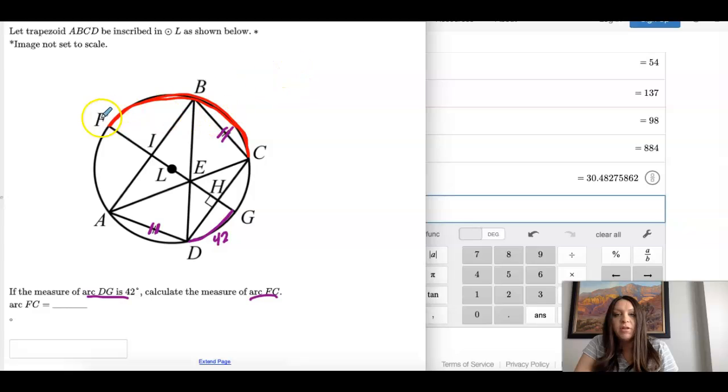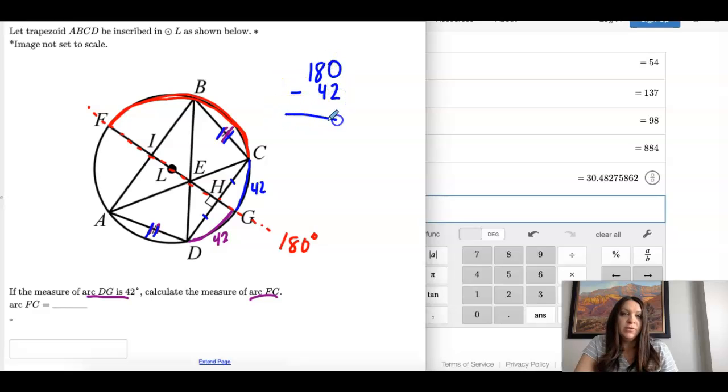So remember, since this is a diameter, all the way around would be 360. Half is 180. And because this is isosceles, it makes these triangles similar. So this would also be 42. So to find FC, I would take 180 minus 42, which is 138. So you just type in 138. The degrees are right here, so you don't have to type that in.